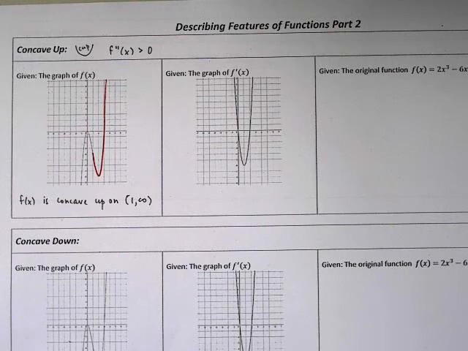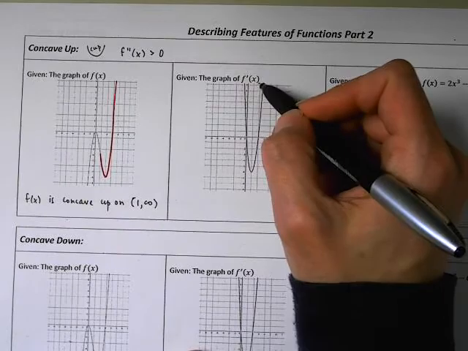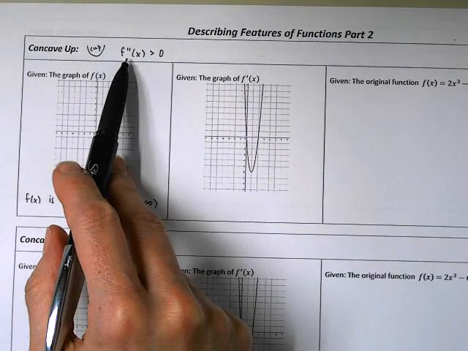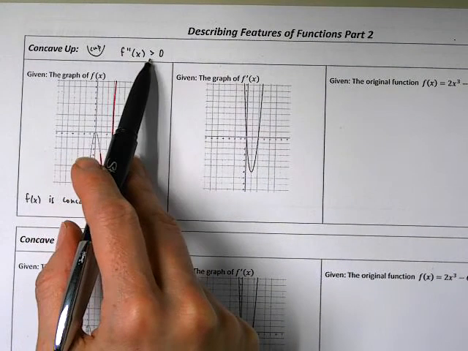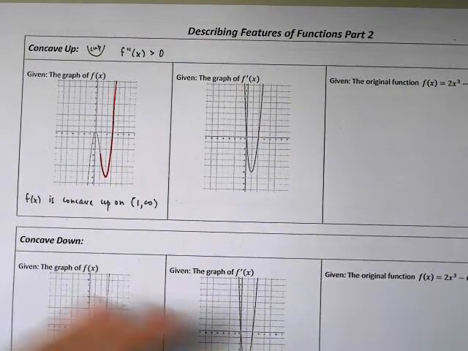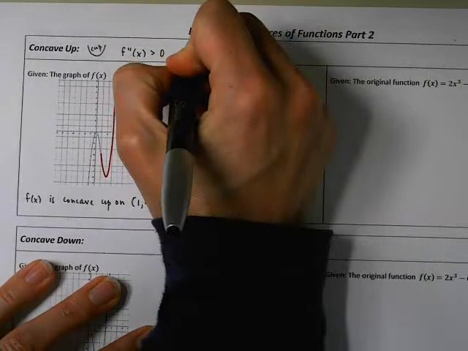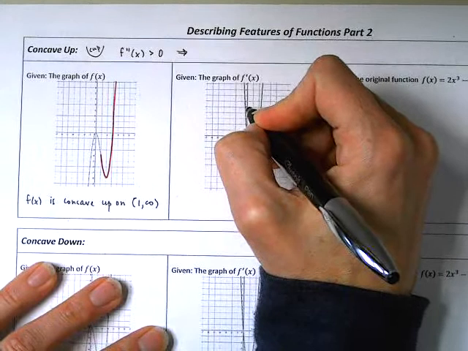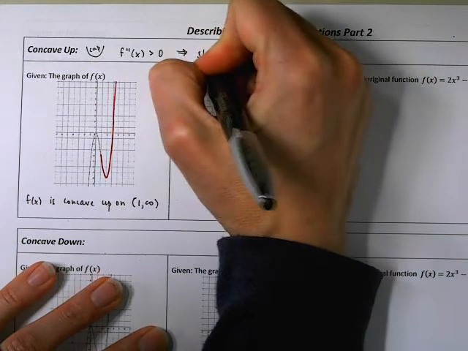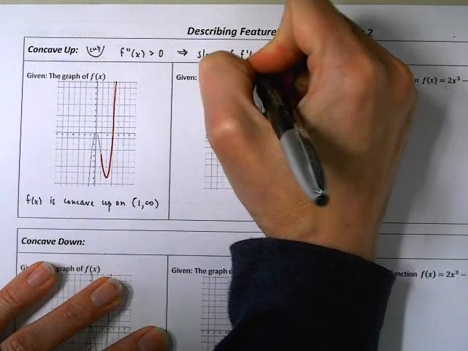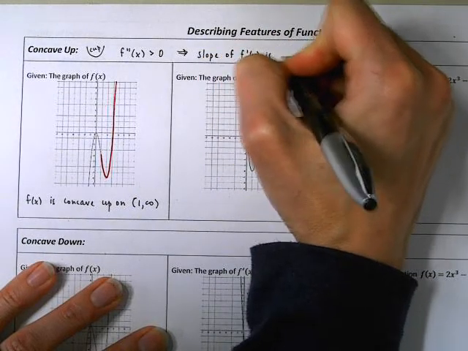Now, let's see when we look at f prime. So we said we know we're concave up where f double prime of x is greater than 0. Well, I know that f double prime of x is greater than 0. That means if I'm looking at the graph of f prime, I need to know where the slope of f prime of x is positive.